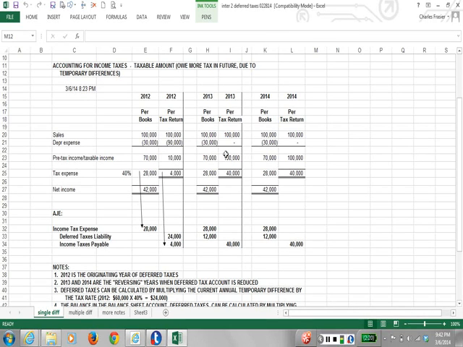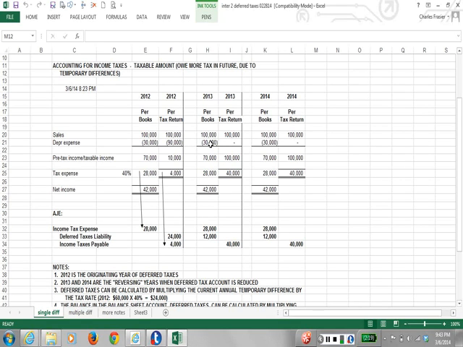Now you'll notice in the second and third year, excuse me, that the tax profit is higher, and notice why it is higher. If we have the same amount of sales each year, that we have zero depreciation expense. And why is that? Because we took all the depreciation for Section 179 in year 1.